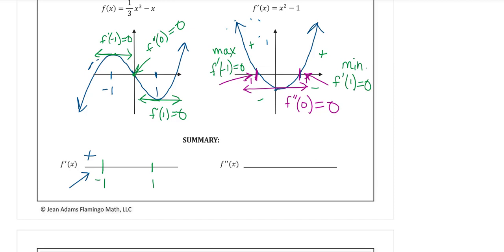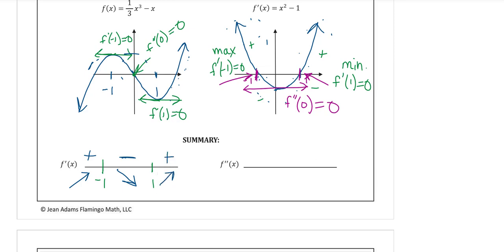And then in between the two, the derivative is negative in this section, so the function is decreasing. This section is below the x-axis of the derivative. And then after 1, the derivative is again above the x-axis. It's positive, and in the function we now have a positive slope of our tangent line. So the graph is increasing again.